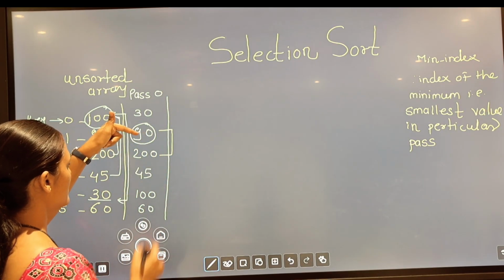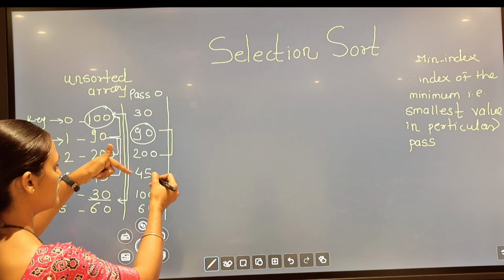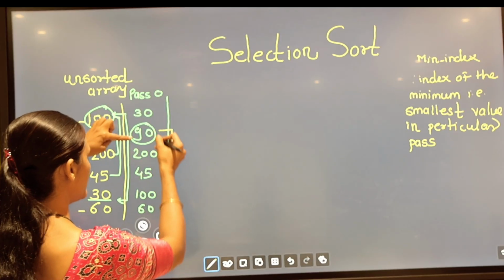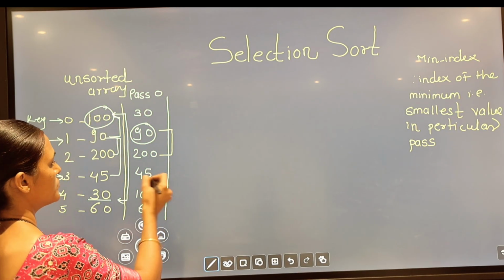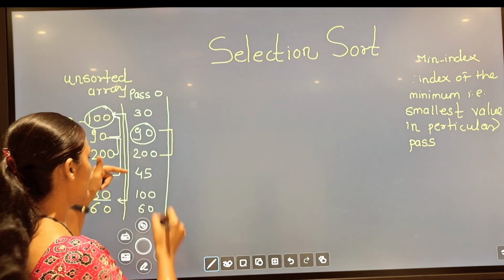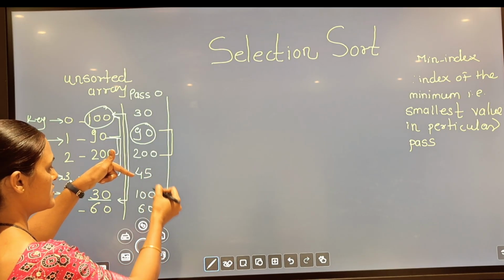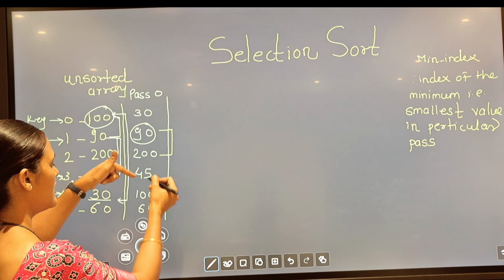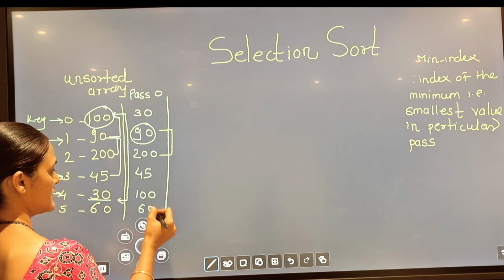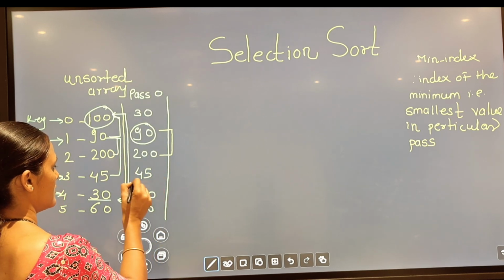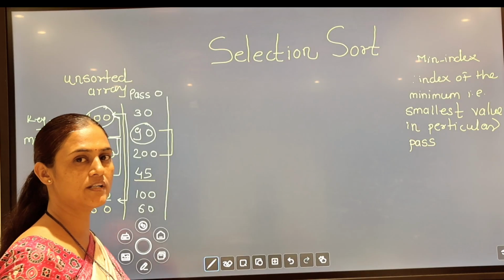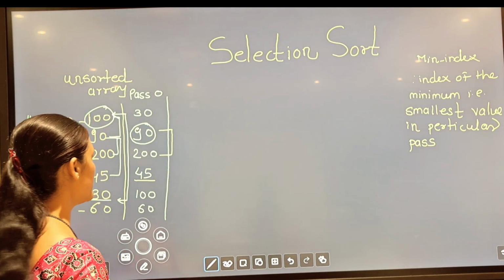Then compare 90 with 45. So 45 is smaller than 90. Then compare 45 with 100. Again 45 is smaller than 100. Compare 45 with 60. So the smallest value we find during this particular pass is 45.